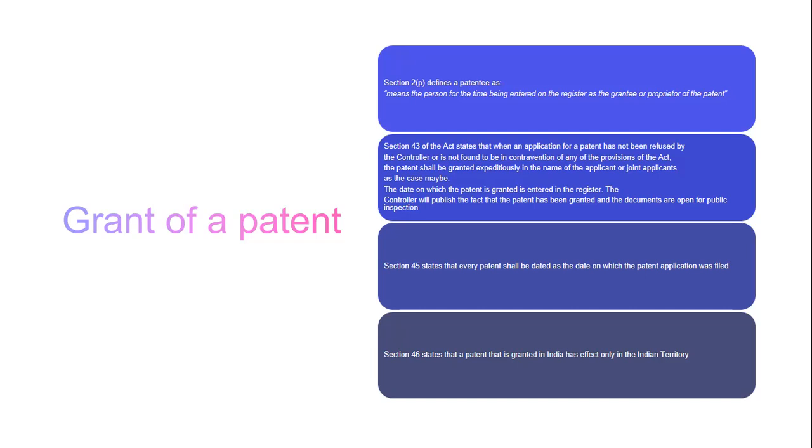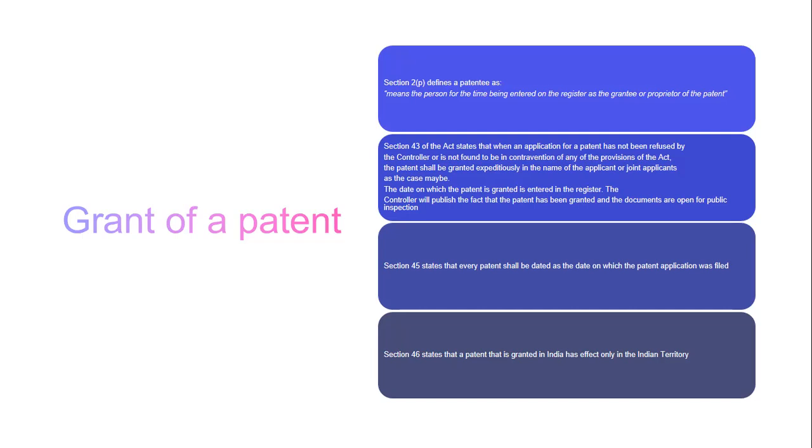And basically it's your priority date which counts for everything. But the date on which the patent is granted is also important, and that is also entered in the register. And this is not to be confused with the priority date. So the date on which the patent is granted is different from the priority date.